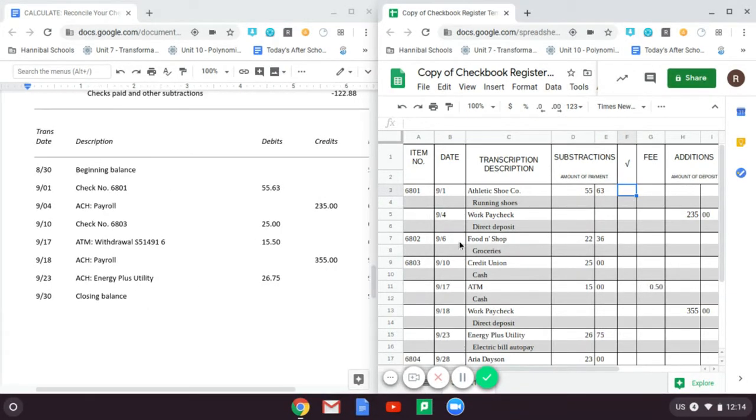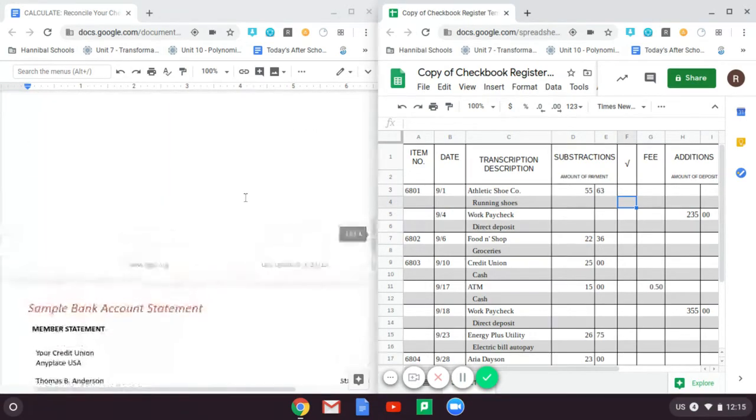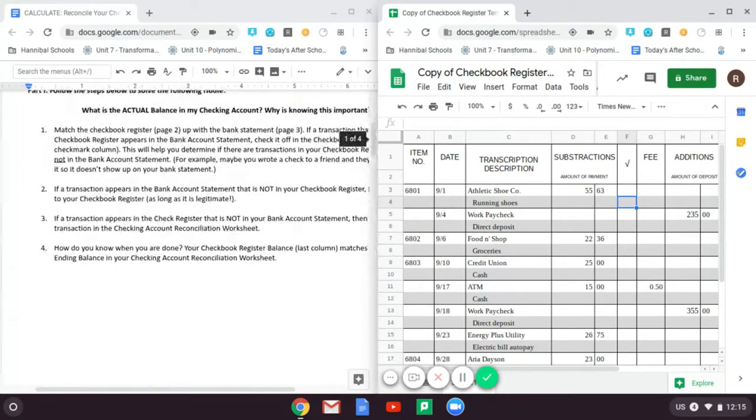So, remember what we're to do. Compare our bank statement to our check register, and anything that matches, we're putting a check on the check register here.